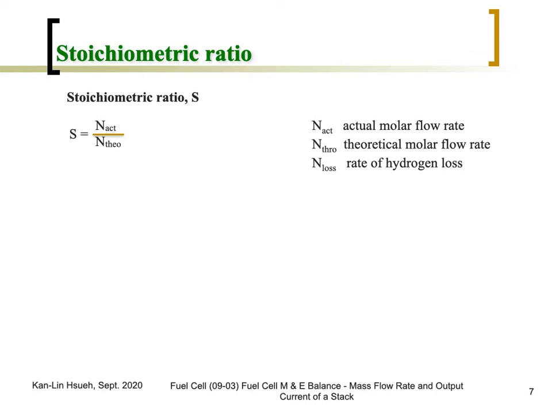And this stoichiometric ratio can also be defined by a mass ratio for the actual mass flow rate divided by theoretical mass flow rate, or volumetric flow rate. The S is always greater than 1 because there's some kind of loss during the operation. So it's usually greater than 1.